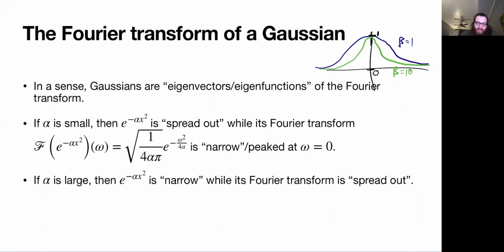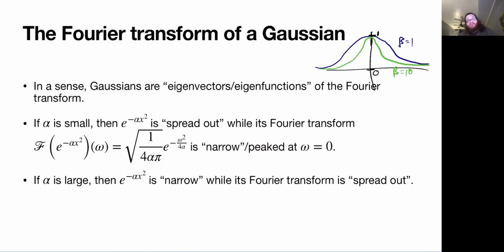If we take its Fourier transform, the Fourier transform of e to the minus alpha x squared is going to be the square root of 1 over 4 alpha pi. In this case, with alpha small, the 1 over 4 alpha pi is going to be large. Otherwise, we have the e to the minus omega squared over 4 alpha. With alpha small, that 1 over 4 alpha is going to be large.